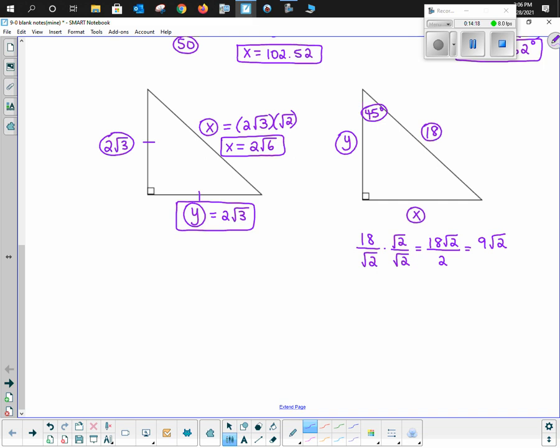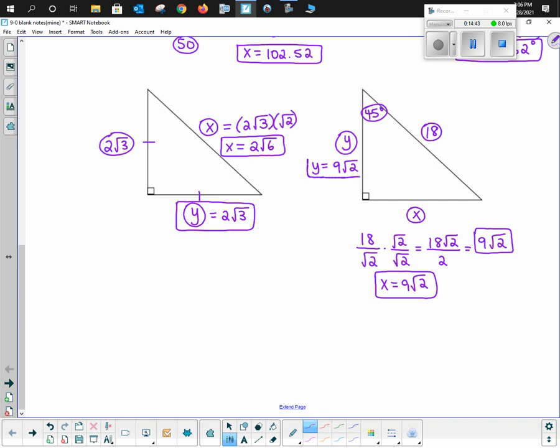Okay? So that means x equals 9√2. Okay? In this picture. Now, notice in a 45, 45, 90, the legs are equal, right? So you should also know that y equals 9√2.